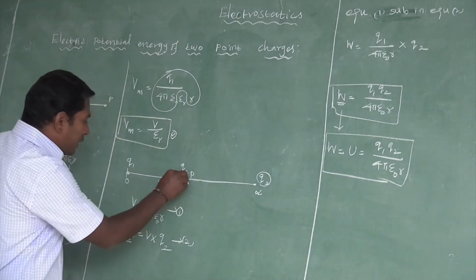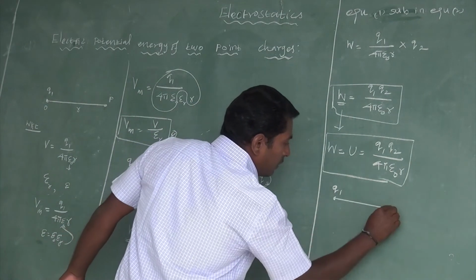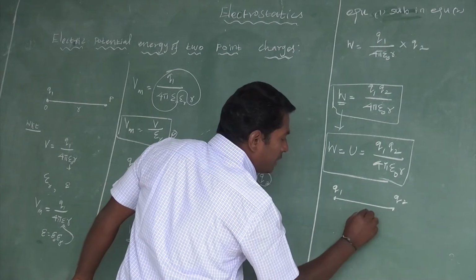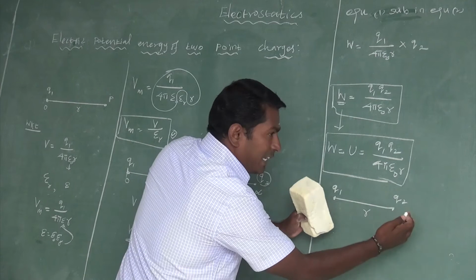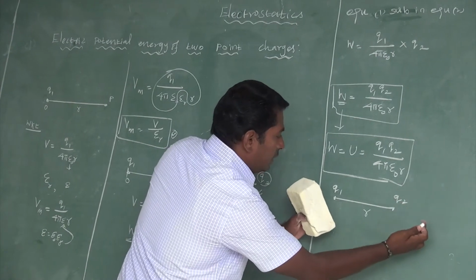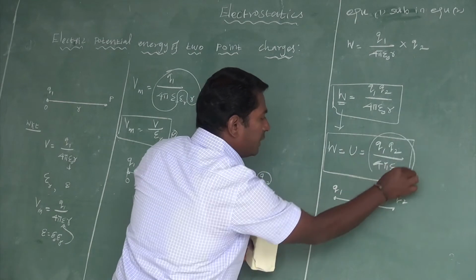So at a particular distance, the Q1 point charge and Q2 point charge are assembled at a particular distance R. Work has to be done to assemble the two point charges at that distance, and it is stored as electrostatic potential energy.